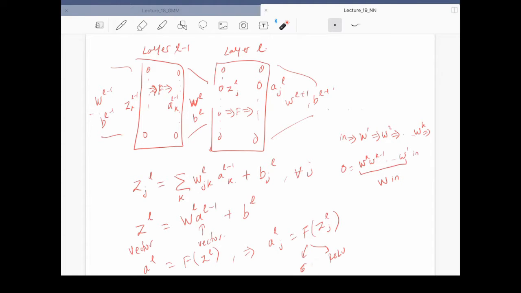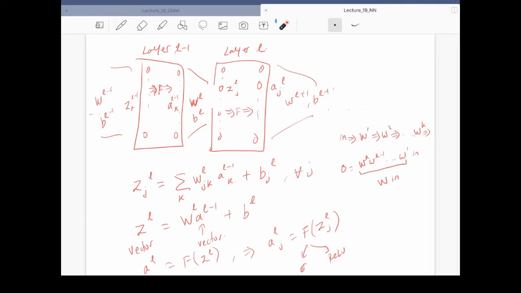Examples of the non-linearity are the sigmoid and the rectified linear. This is a slightly complicated notation. What this means is that each element ALJ is equal to F of ZLJ, so you do this element by element. Typically these functions F are single element scalar functions like sigmoid of x, which is 1 over 1 plus e raised to minus x.